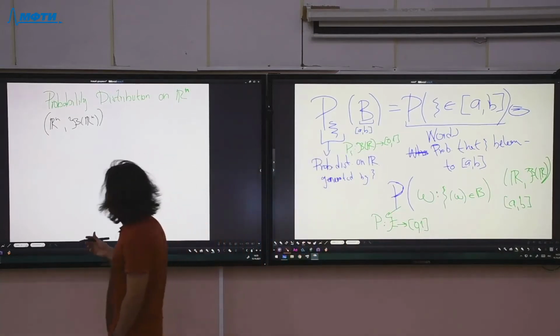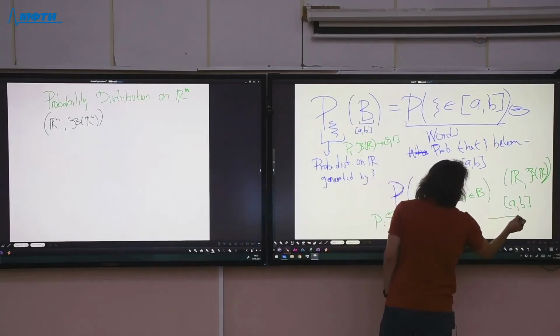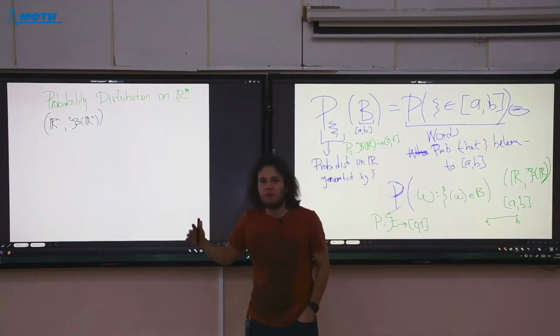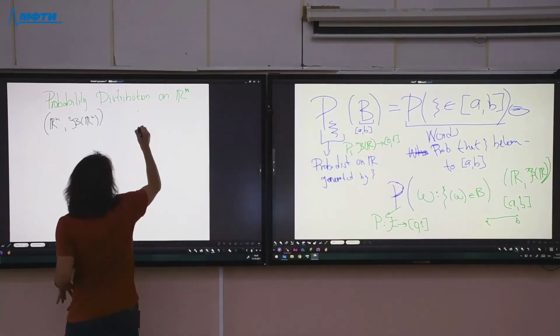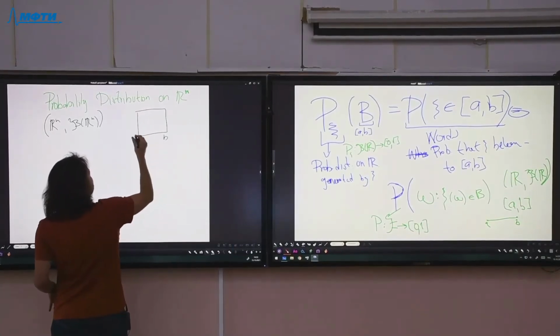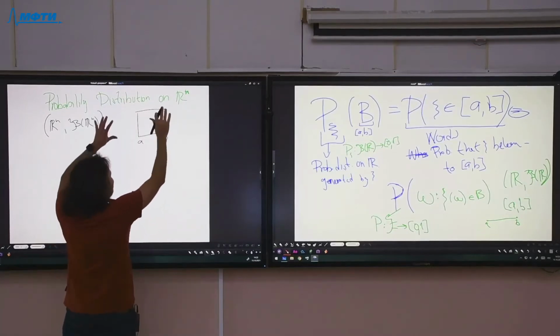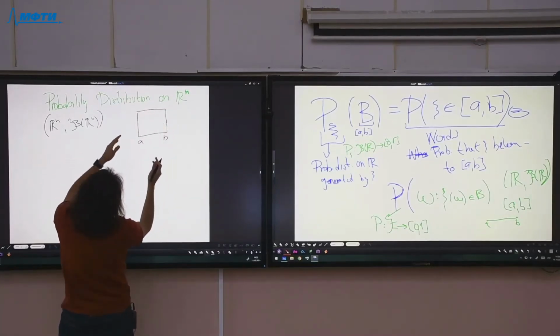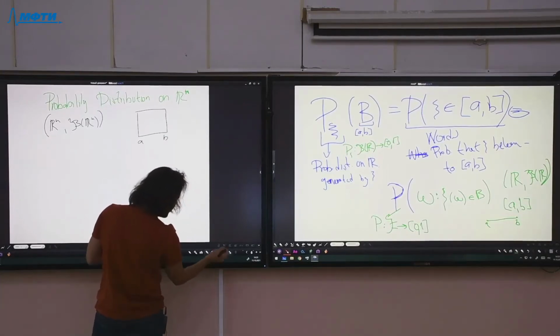Yeah, but so here we had segments like this, right? A and B. And here, if we are talking about the plane, then we will have something like this, right? A, B, and I mean, you got it.